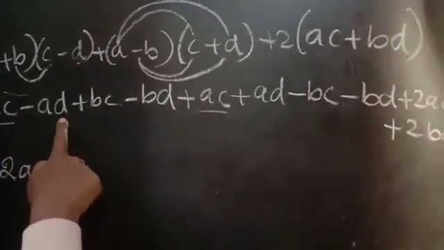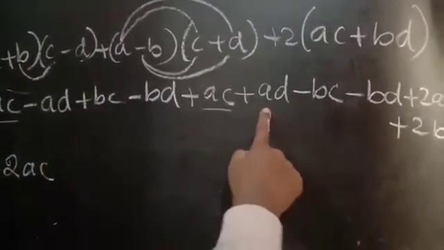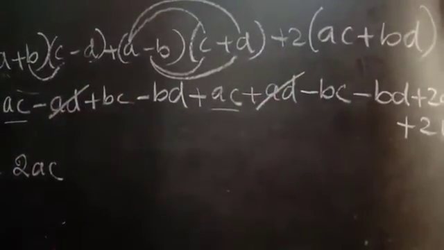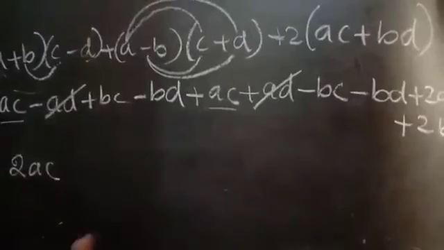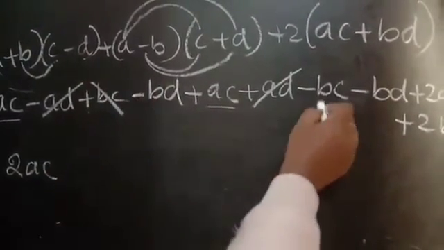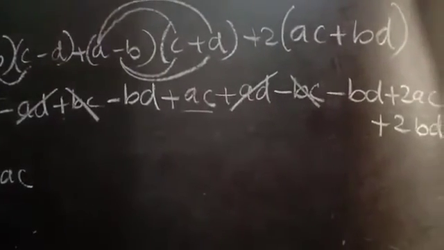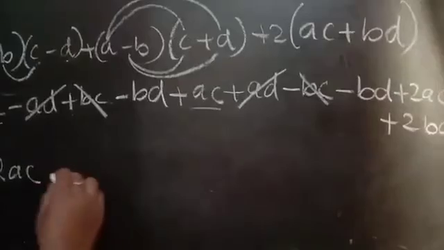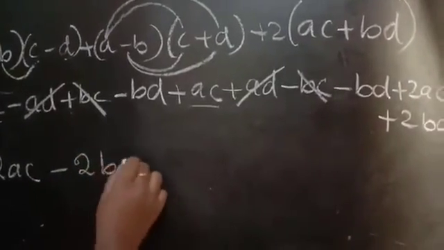So 2ac we have here. Again we have ad, and minus ad and plus ad get cancelled. Now plus bc we have, minus bc we have, they get cancelled. Again minus bd here, minus bd, so minus 2bd we have.